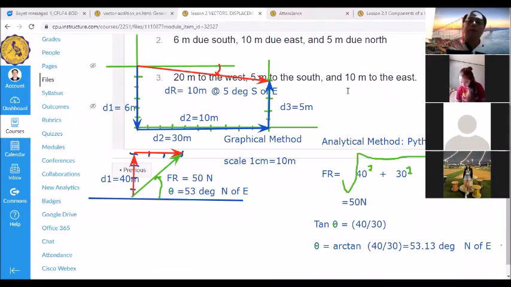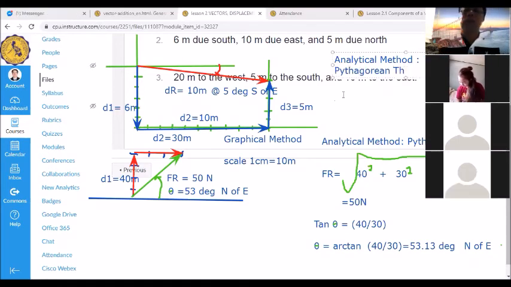Now, how about our analytical approach for this one? What will be our analytical approach? Analytical method, will it use Pythagorean theorem? Can Pythagorean theorem be used here? I say, yes. We can use Pythagorean theorem here.